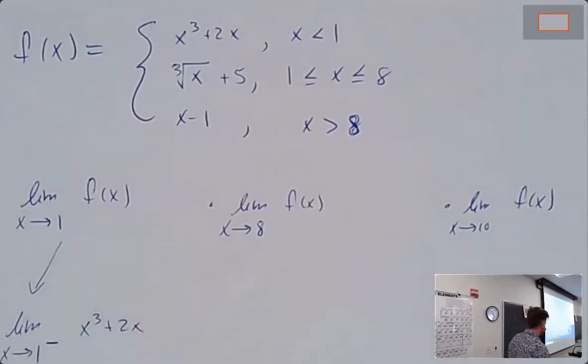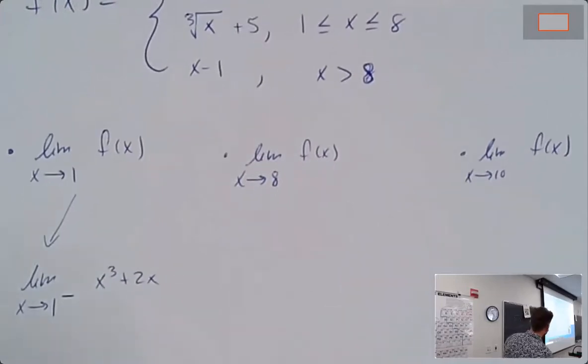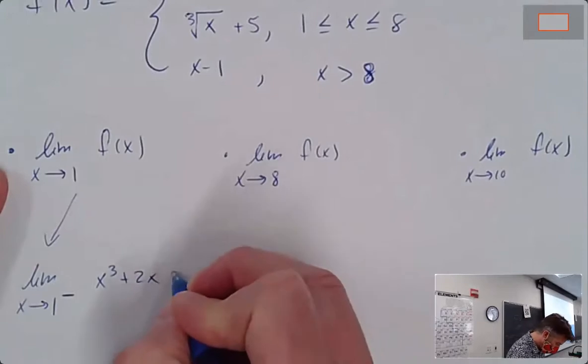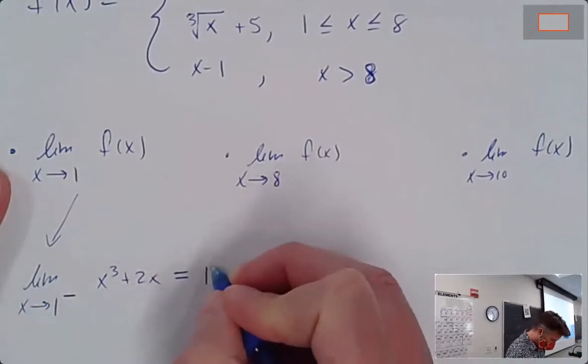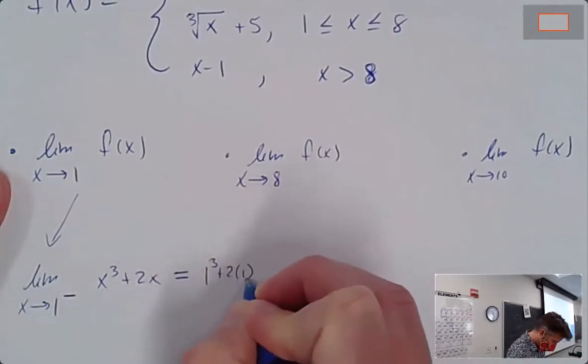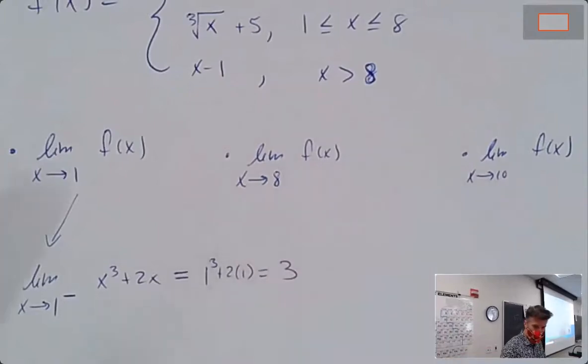And here's the nice thing about limits. Well, one of the nice things. A lot of the time, if you want to say what the y value is getting closer to, you can just substitute this value in. If I just plug in 1, I'm going to get 1 cubed plus 2 times 1, which is 3.